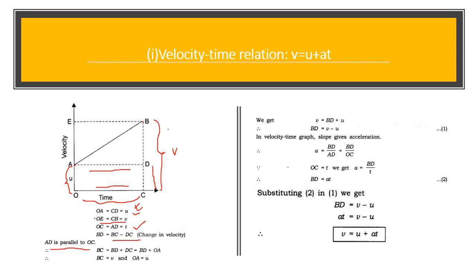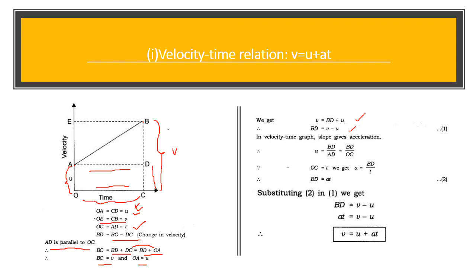Final velocity equal to BD plus DC, or you can write BD plus OA. We know DC is equal to OA. And then BC is nothing but V, OA is nothing but U. Now substitute it, we get V equal to BD plus U. And you can write BD is equal to V minus U. This is called change in velocity.